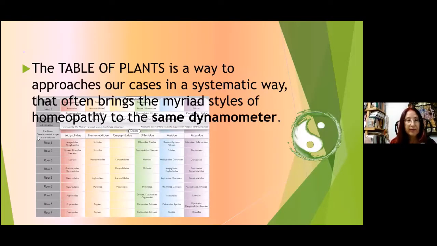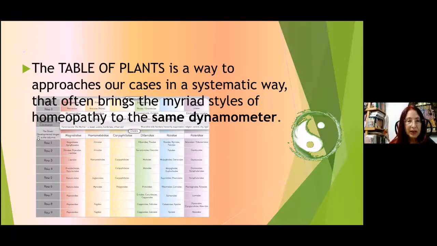And just a few words about the table of plants. The table of plants is based on the botanical systematic order of evolution of flowering plants.